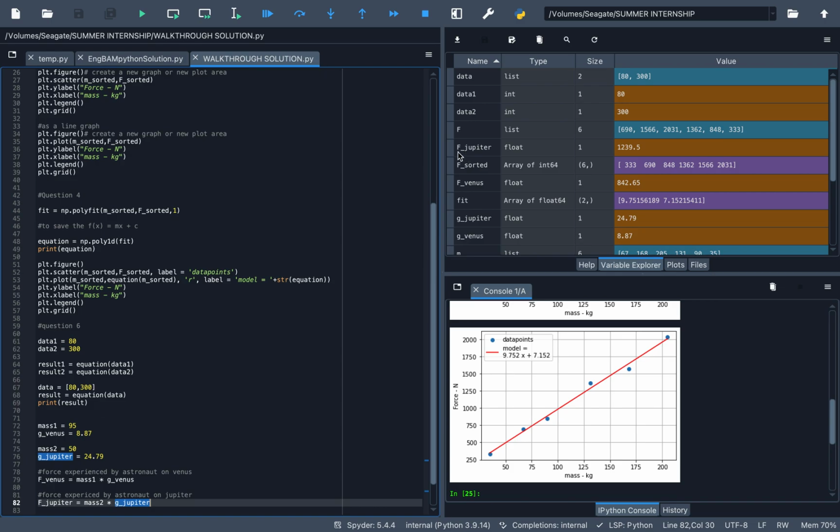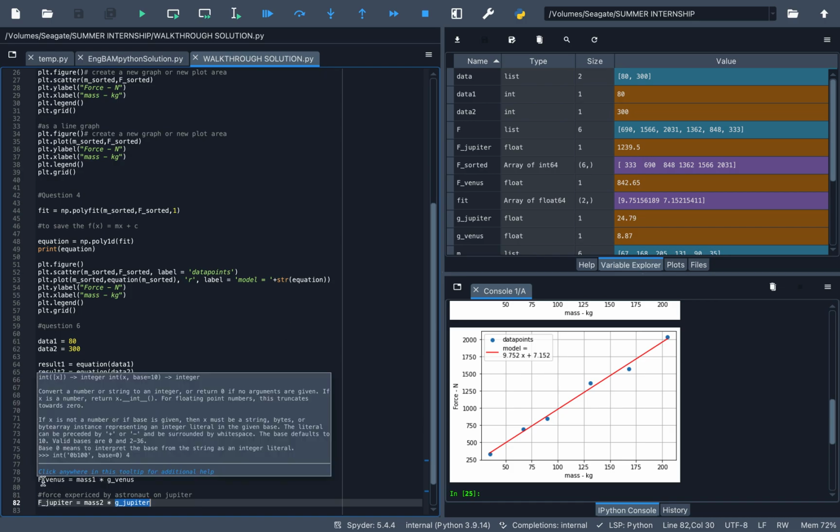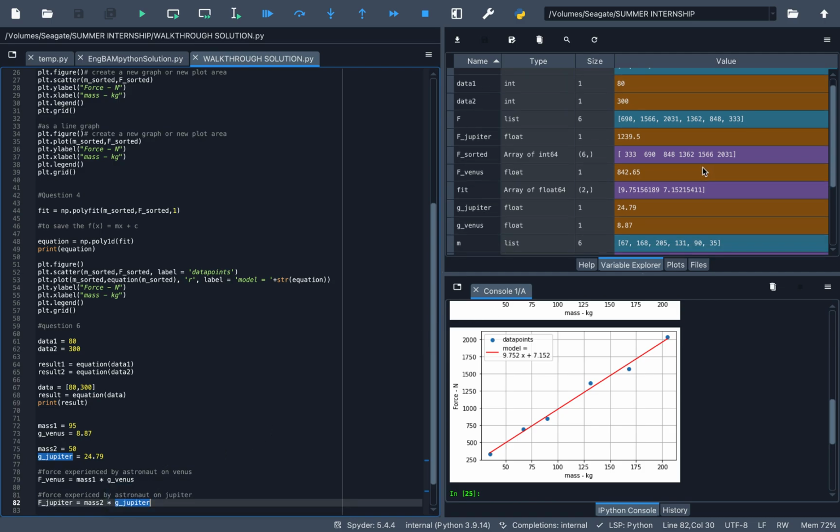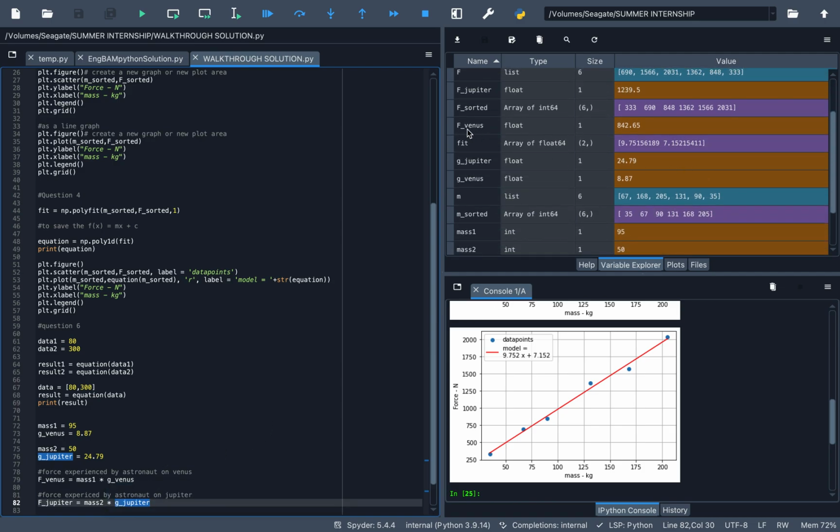So the force F underscore Jupiter is the force experienced by the astronaut that weighs 50 kg, who is currently on Jupiter, and using the equation F equals mg, the force experienced is 1239.5 Newton.